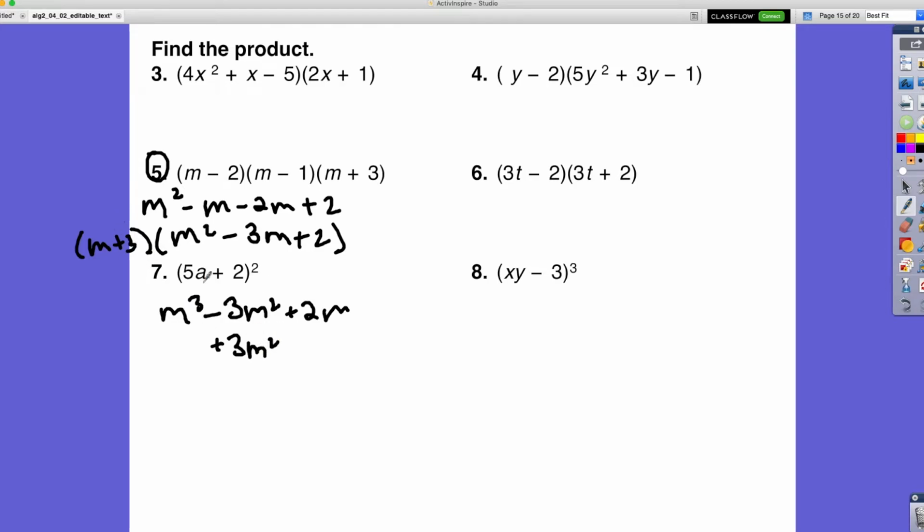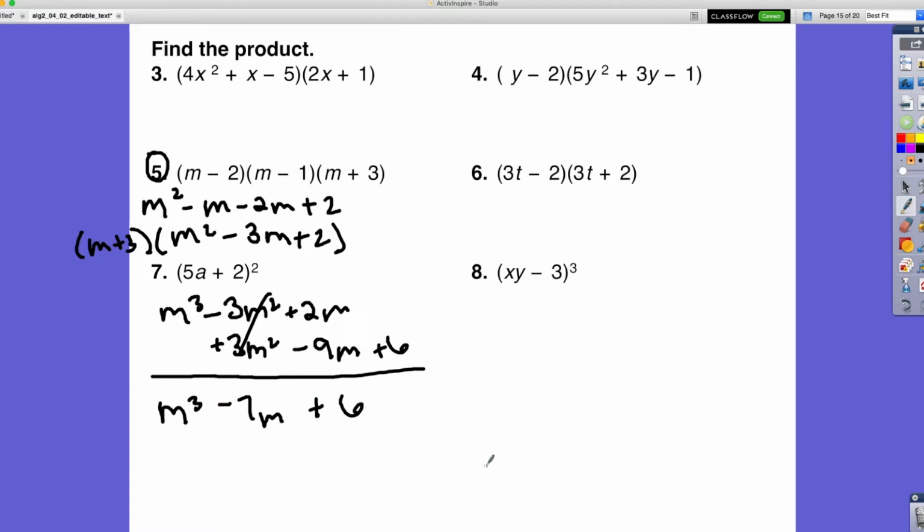I'm going to stack it. 3 times negative 3m is negative 9m. 3 times 2 is plus 6. Now I'm going to collect like terms. M cubed. Oh, look what happens here. This becomes 0. This one becomes minus 7m plus 6.